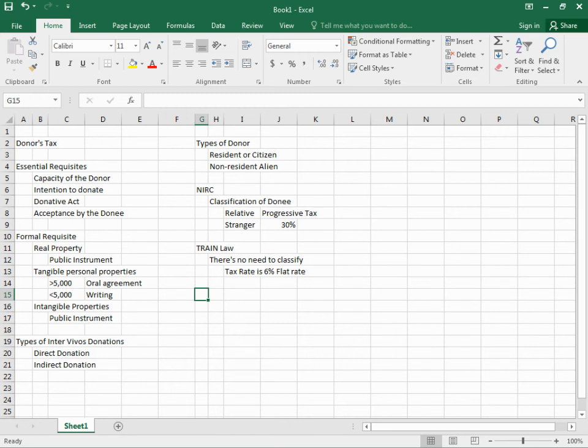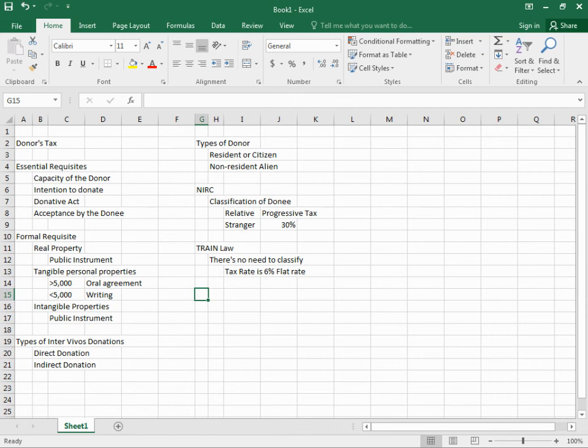Next is donation with reserved powers. So parang transfer lang pero kumbaga wala ka namang control over that property. Okay? So, itong land na to will be donated to you.